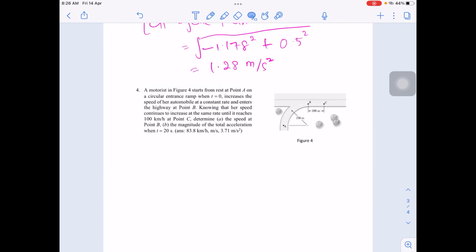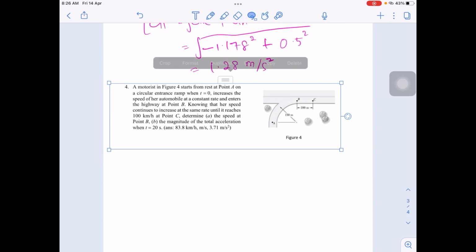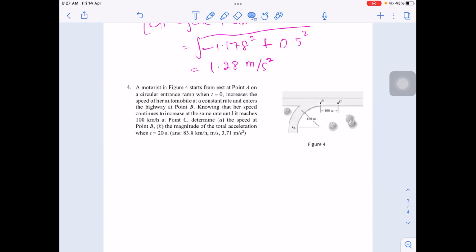So you have a motorist start from rest at point A on a circular entrance ramp. Okay, ni macam seolah-olah you nak pergi ke highway plus tu. Kita nak masuk highway daripada exit tol Air Keruh tu, you nak ke KL kan. So you exit lah tol tu, ikut ramp ni.